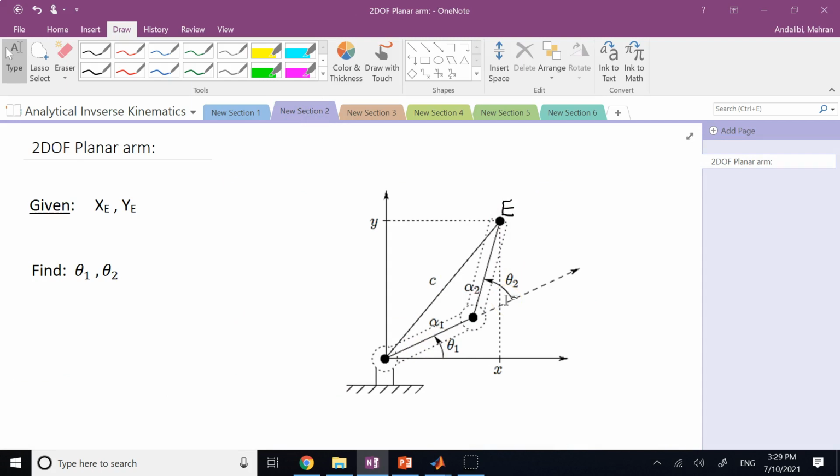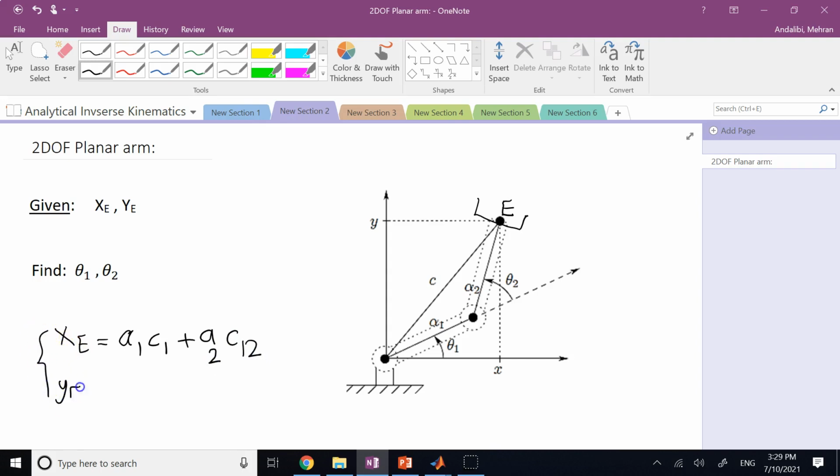If you just try to solve something as simple as the 2 degree of freedom planar arm. If you remember, in a 2 degree of freedom planar arm, the x of this endpoint, to which you can attach the end effector if you want, is equal to a1 times cosine of angle 1 plus a2 times cosine of angle 1 plus 2, c12, that's the cosine of theta 1 plus theta 2.